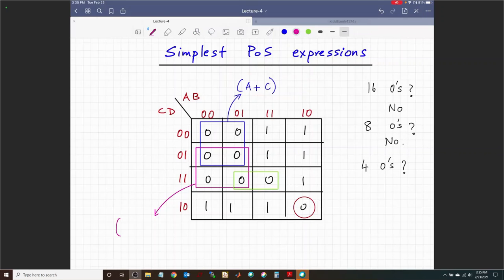A is a 0 or D is a 1, which means D complement is a 0. Right. For the green, what do we have here? Let's see. P is a 1.